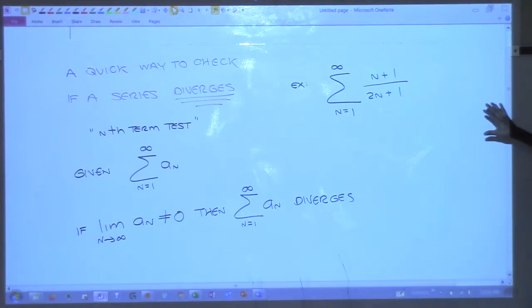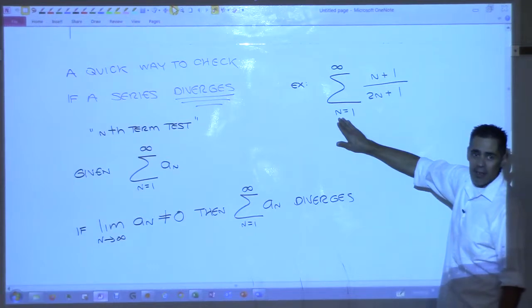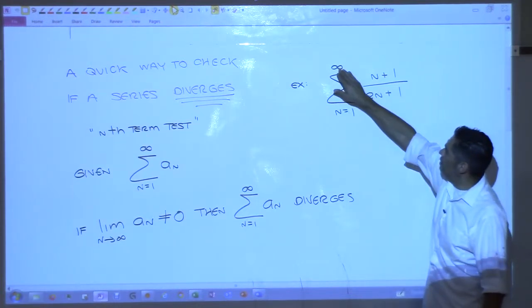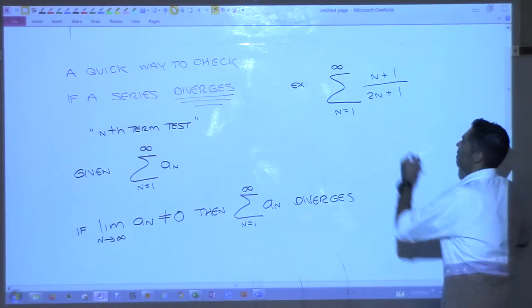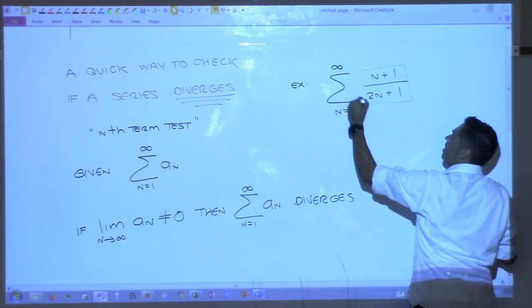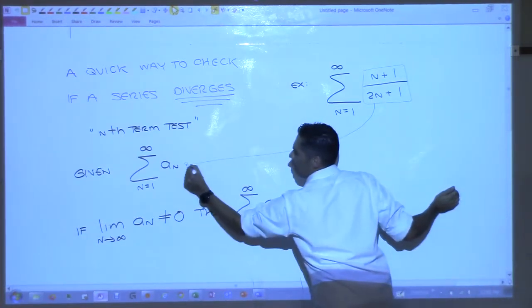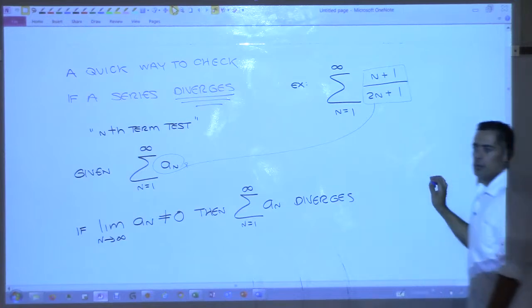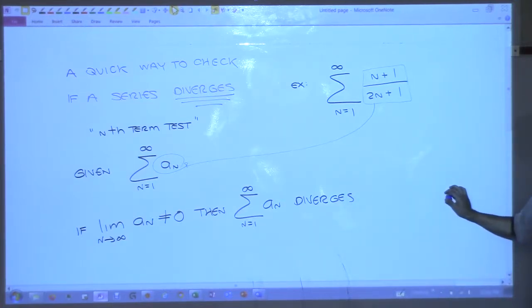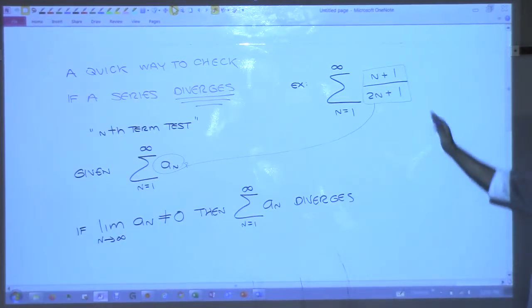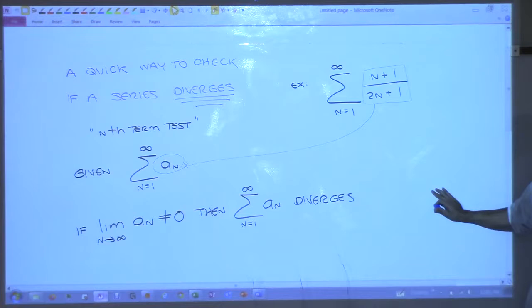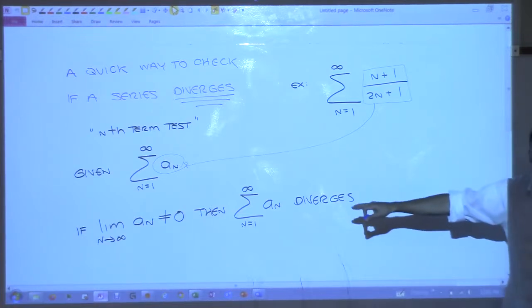Okay, so let's look at the notation first. We are looking at a series, right? n starts at 1, ends at infinity. Here's the sequence, okay? So this is that part, right? That's your a sub n. What we want to know is, does this thing converge or diverge? So the first test we could run is this nth term test.